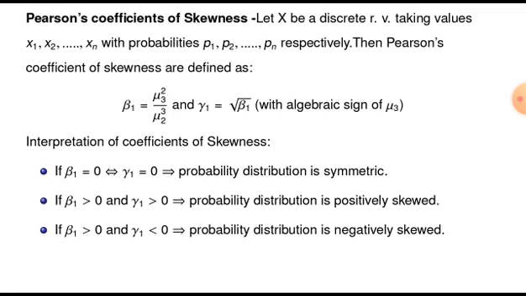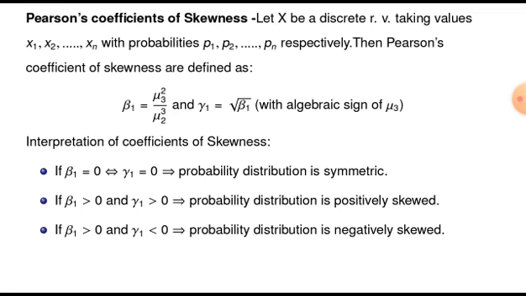What it indicates: if beta 1 is equal to 0, then gamma 1 will also be equal to 0. So this implies the probability distribution is symmetric.